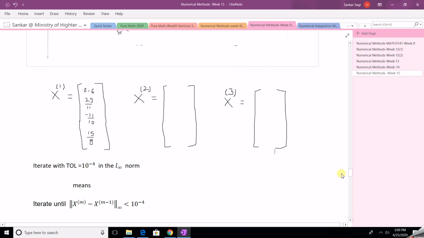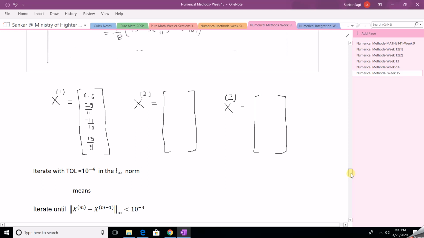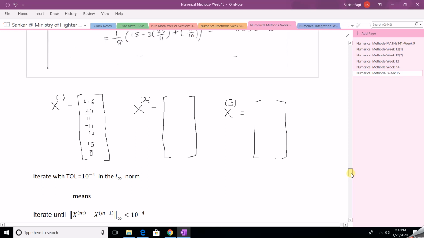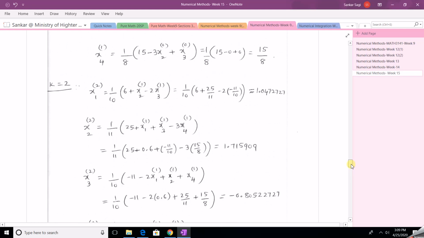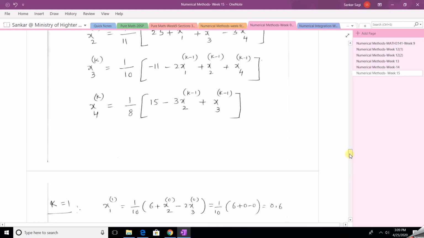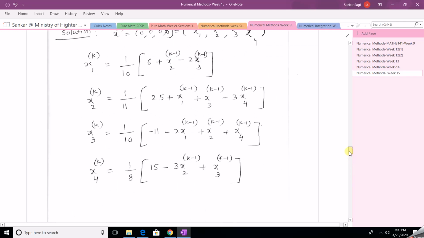So this is the end of this video, and this method we call the Jacobi method of solving a linear system of equations. In this Jacobi method, each value of the kth approximation is obtained by using the k minus 1th approximation of the other variables.